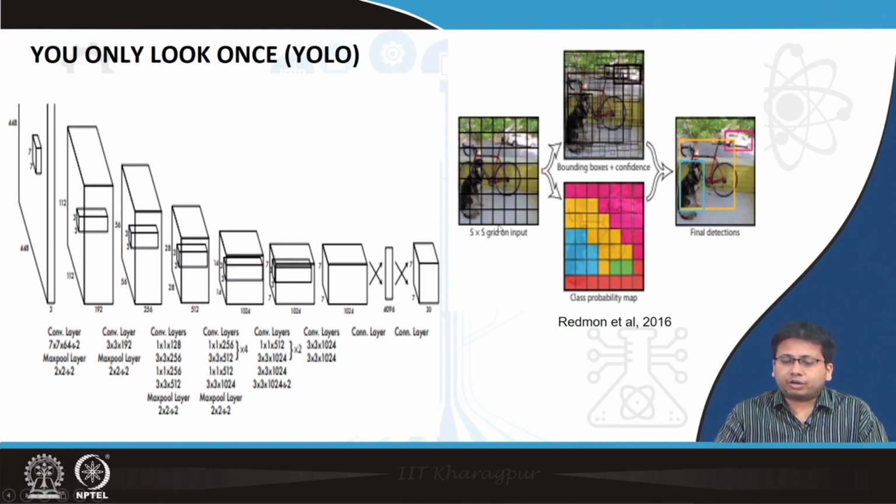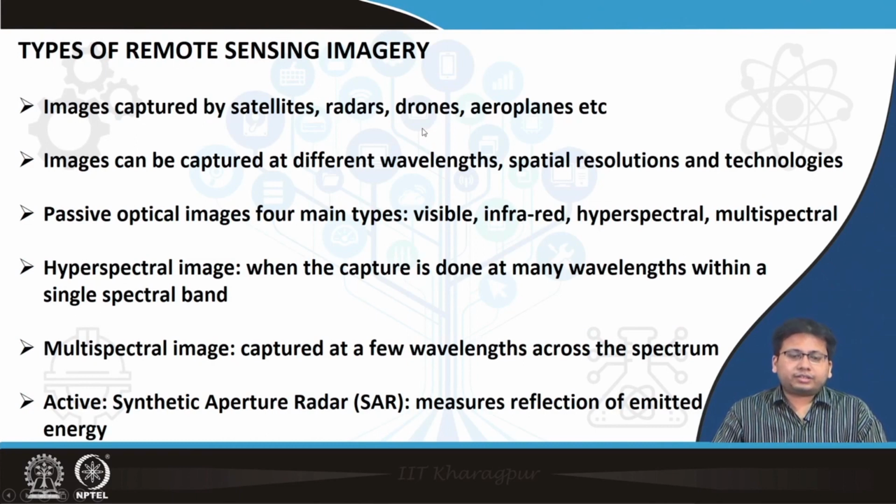For every particular regionalization we will get a class probability map like this, which will somehow all be combined together to form the final detection, that is, to find the final bounding boxes. Now this is normal object detection.